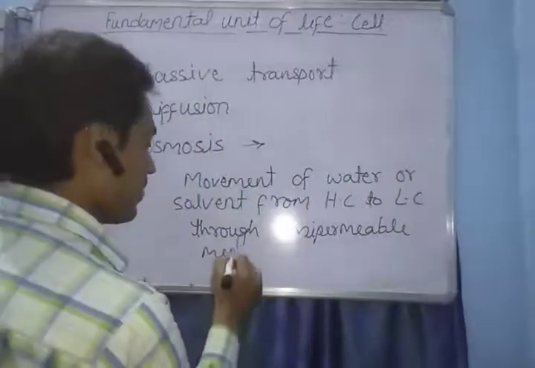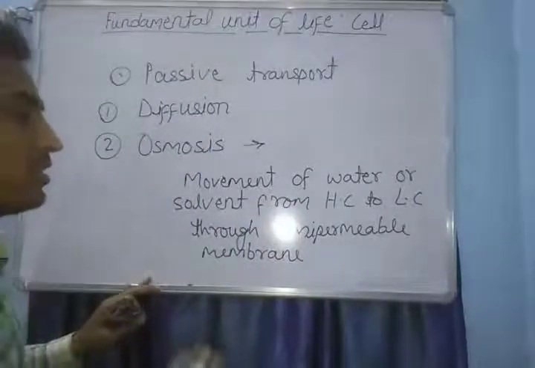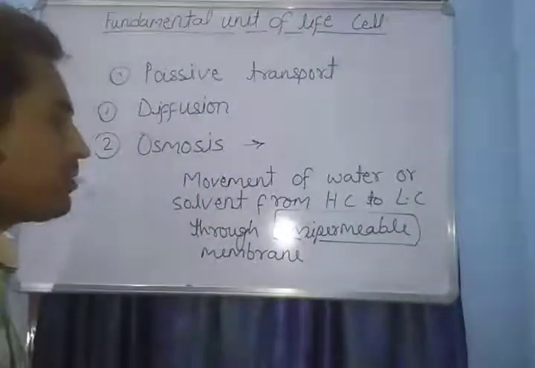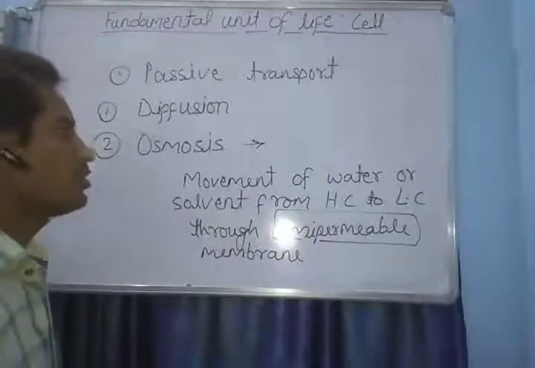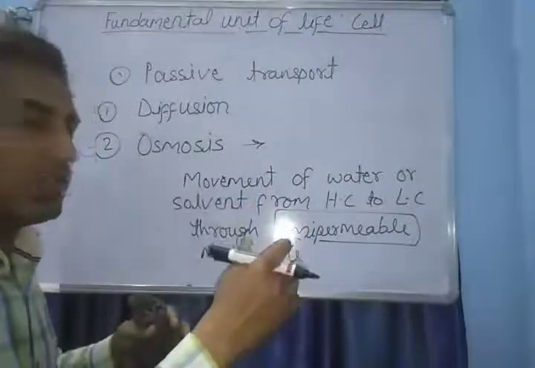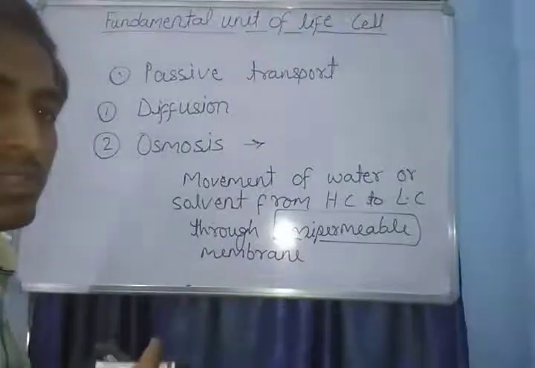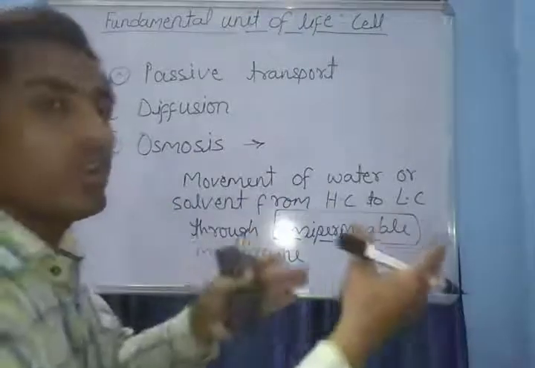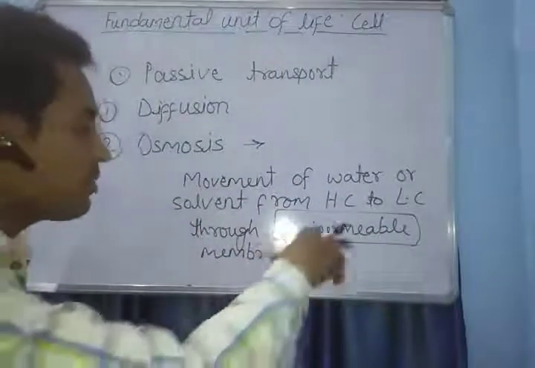In osmosis, a semi-permeable membrane is needed. If a semi-permeable membrane is not present, it is not an example of osmosis. Water is a universal solvent, so it moves from higher concentration to lower concentration, inside and outside the cell, through the semi-permeable membrane.